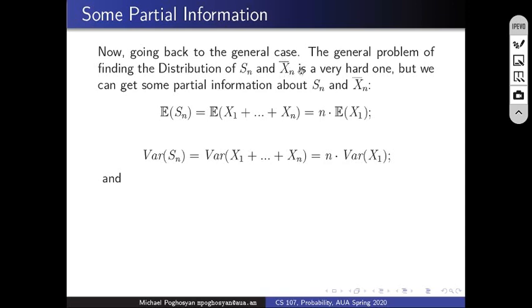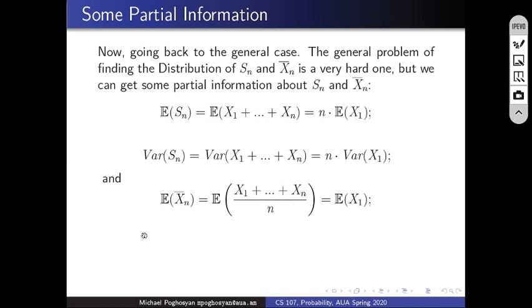And I have similar information about Xn bar. If I calculate the mean value of Xn bar, the expected value of Xn bar is equal to the expected value of the average. So I can take out that 1 over n, and I am left with n times the expected value of x1 over n, which gives the expected value of x1.